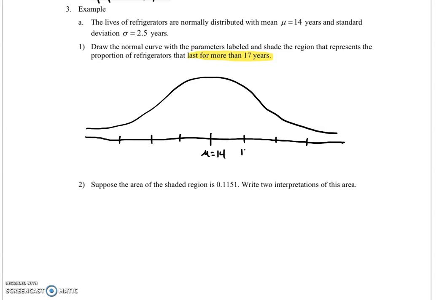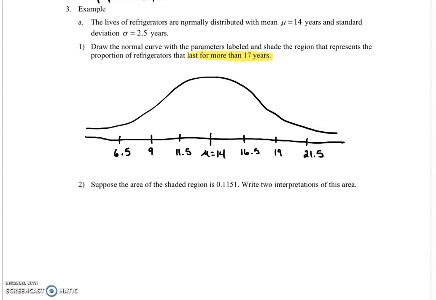So when we do that, we get 16.5, 19, and 21.5. Going the other way, we have 11.5, 9, and 6.5.